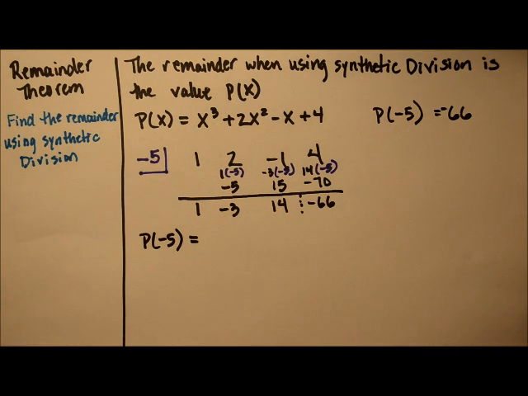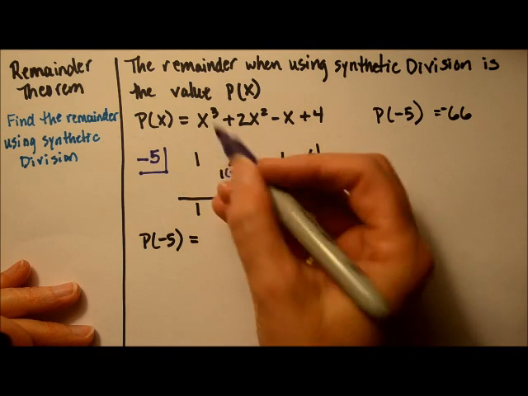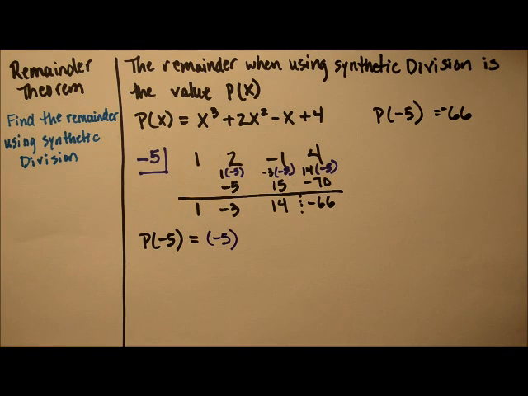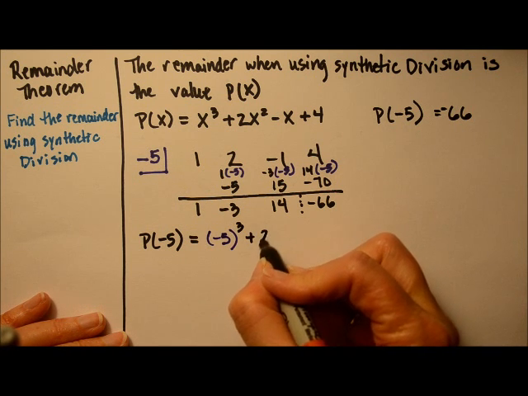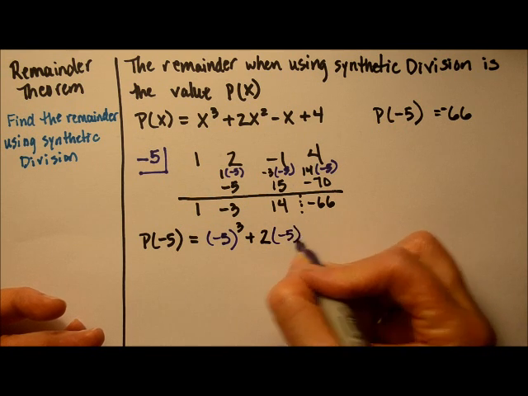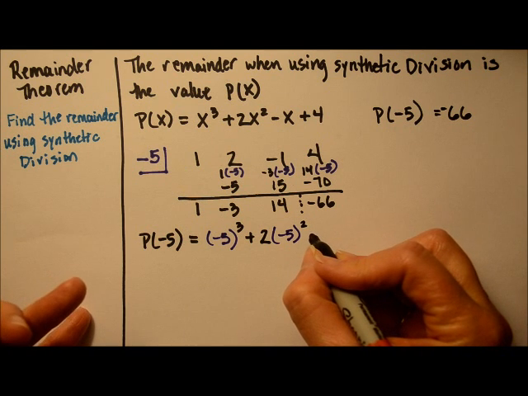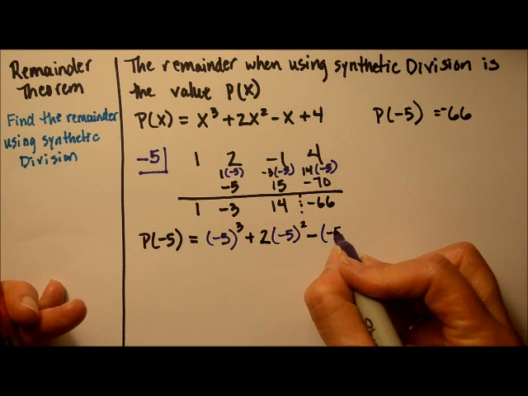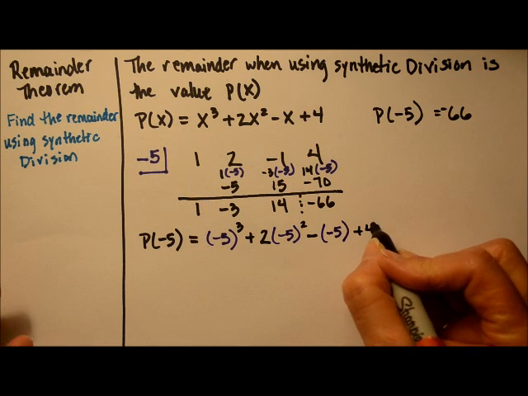So I would have had negative 5 cubed plus 2 times negative 5 squared minus negative 5 plus 4.